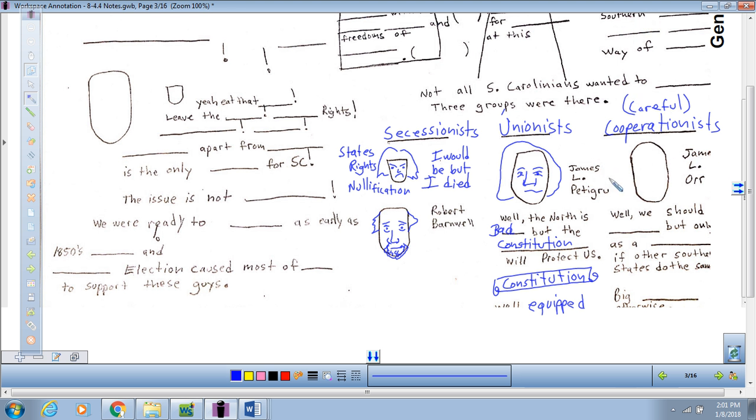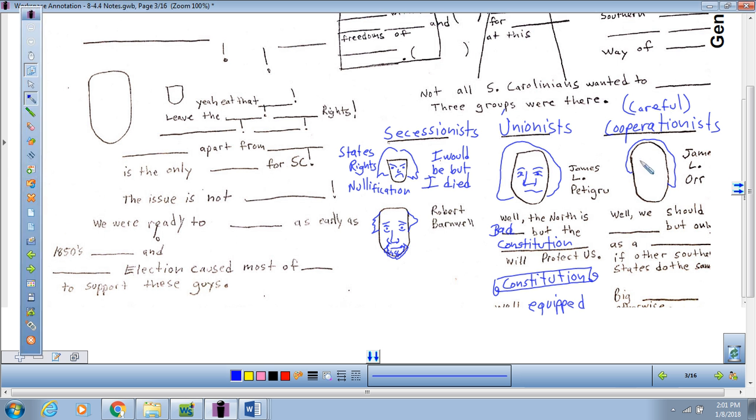And if I draw this guy correctly, he will also look like someone that some of you may know. His name's James L. Orr, and he was a cooperationist that I found on the internet when I looked up who were the cooperationists in South Carolina. If I draw him correctly, he will remind us of someone that is currently on TV.